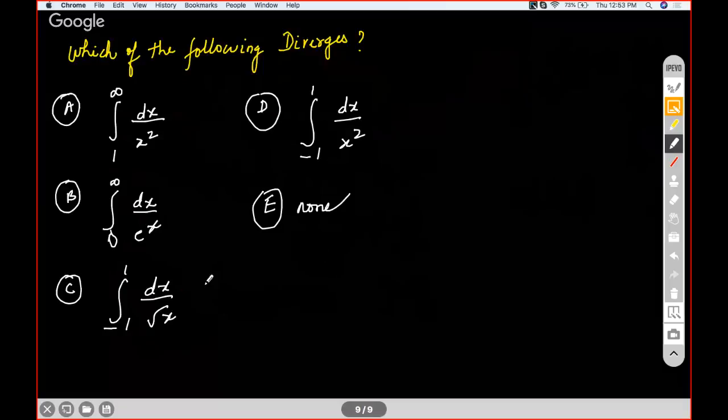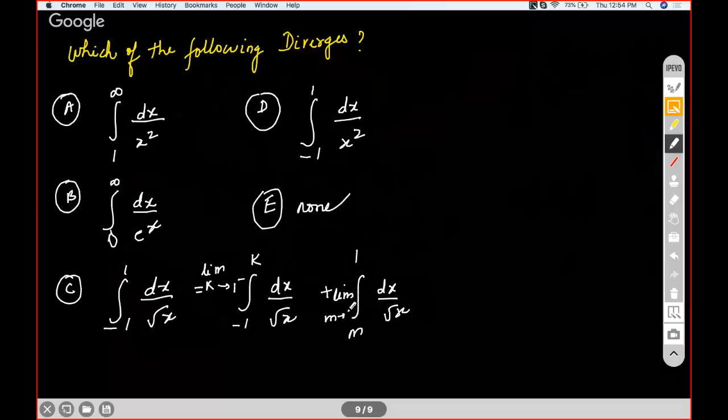So don't worry about this. For example, this you can actually treat from minus 1 to 0, or let's say k to 1, k tending to 1 minus, plus m to 1, limit of m tending to 0 minus, 0 plus.